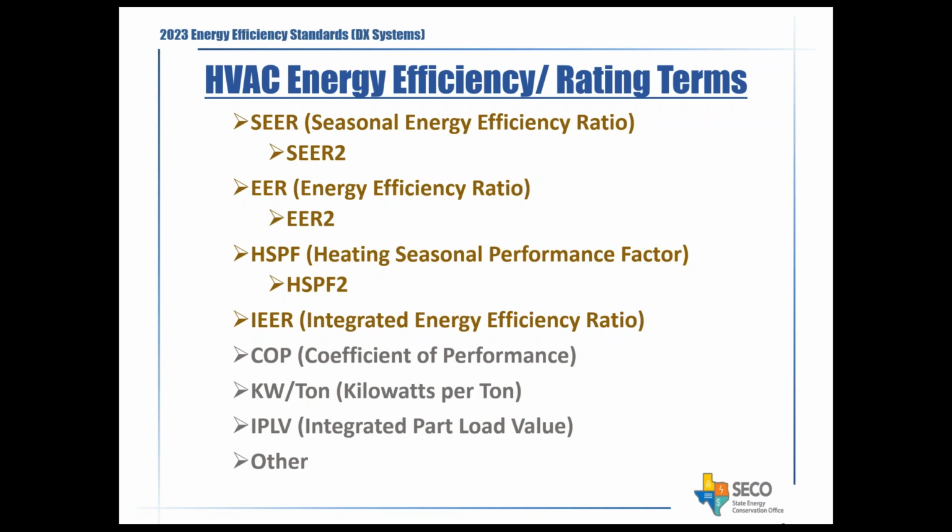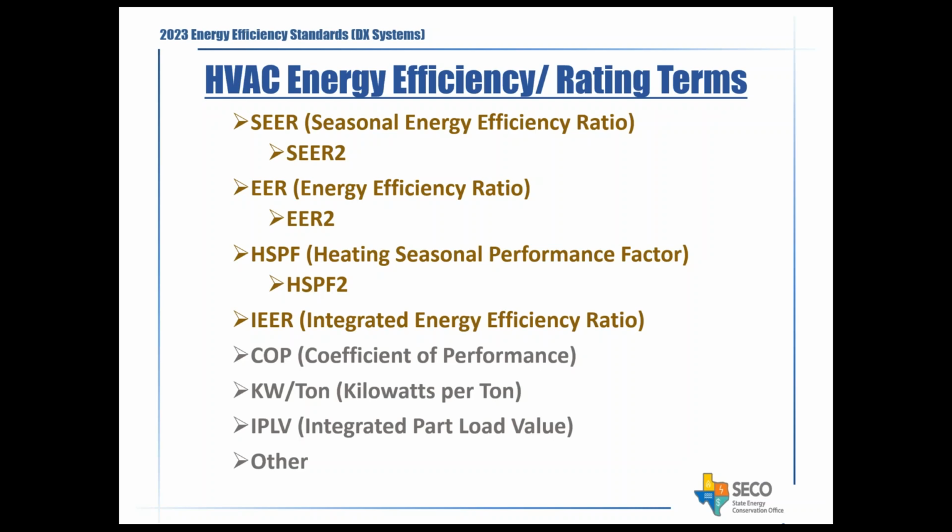Also, they have now introduced IEER, which is Integrated Energy Efficiency Ratio, and those will be applied to DX systems also. And then the last few of them, I'm just going to very briefly go over them, and I have a slide on them. The COP, kW per ton, and IPLV, which is integrated part load value, are mostly applicable to chillers, and chiller efficiency standards are already established.